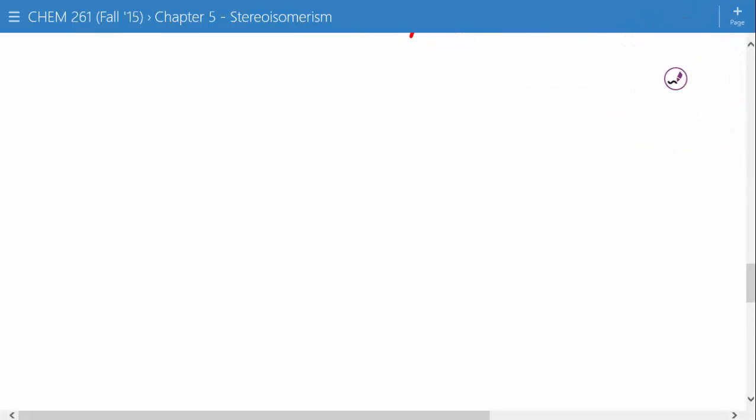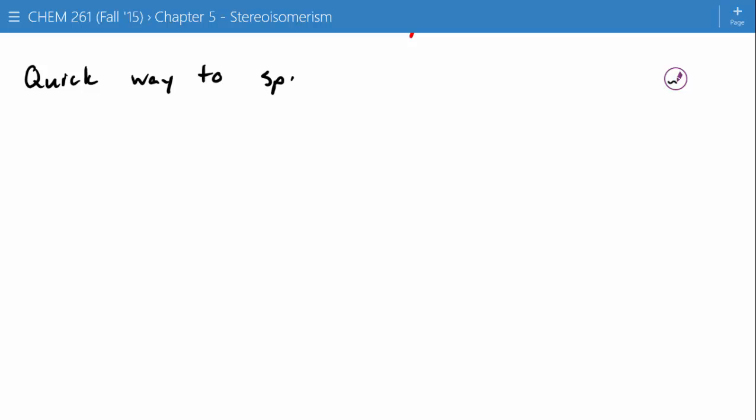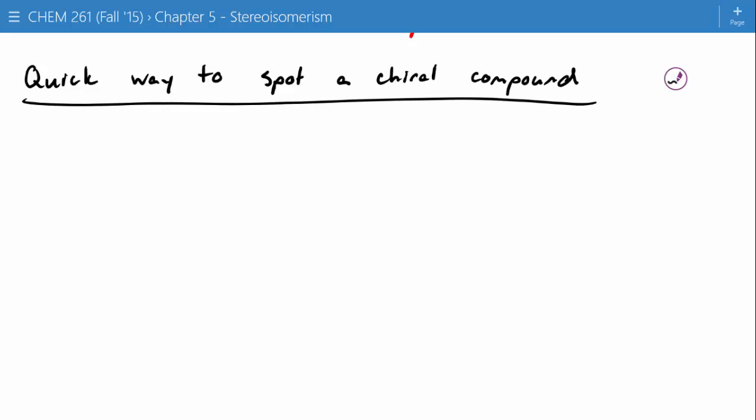But let's make a little bit of a cheat here. Let's do a quick way to spot a chiral compound. First thing is, does it have a stereocenter?